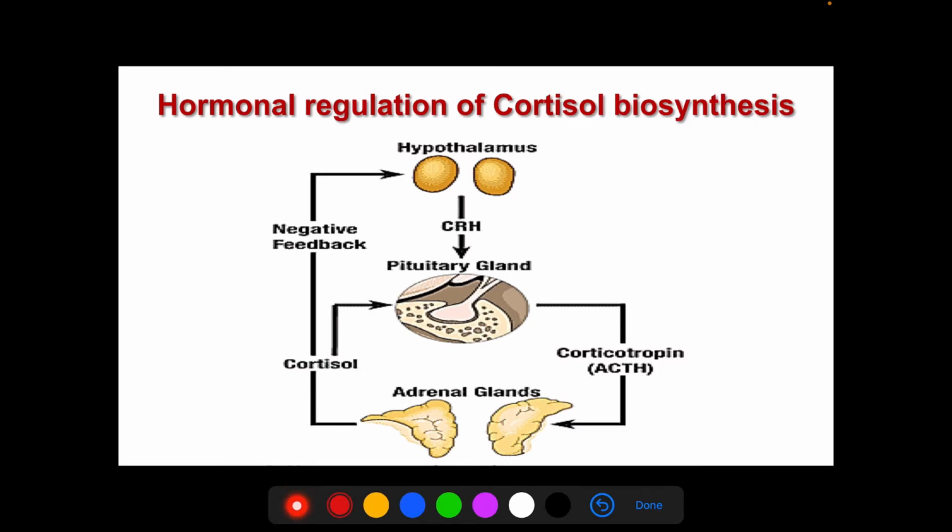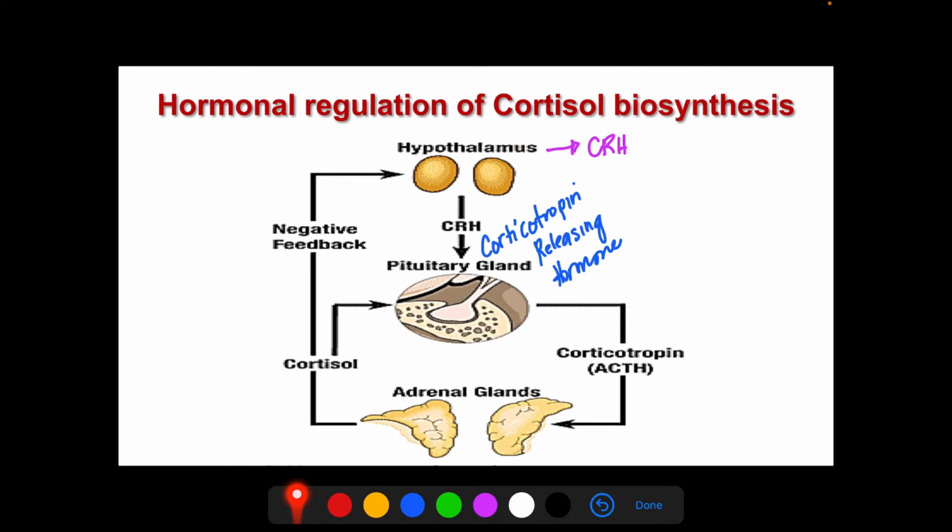Take note that the hypothalamus produces the CRH, the corticotropin releasing hormone. Let me just write that one: corticotropin releasing hormone. Again, that is released from your hypothalamus.